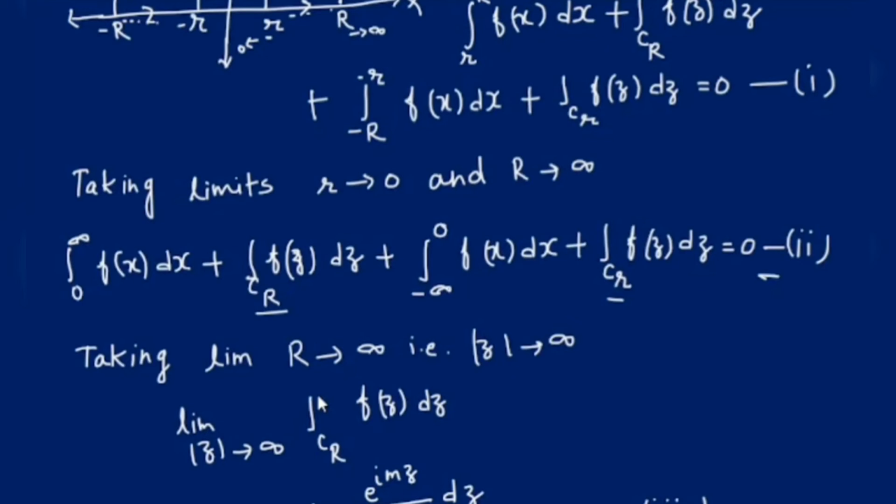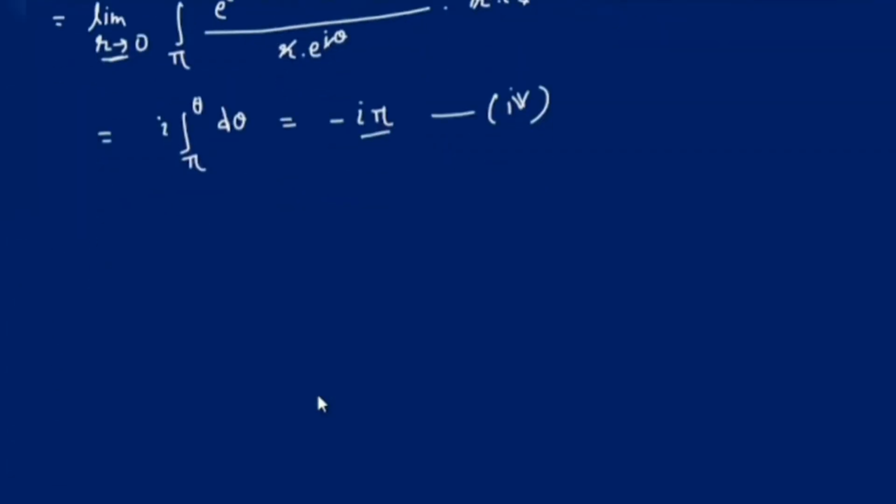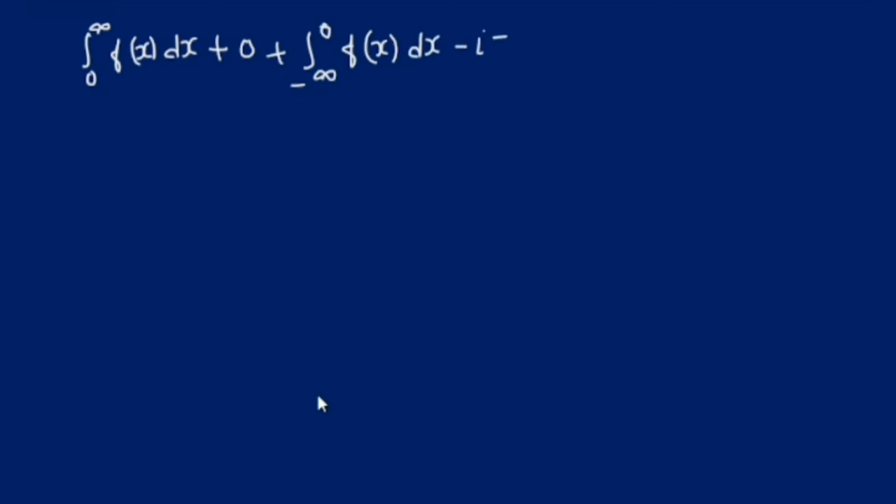Okay, so what we get: the integral from 0 to infinity of f(x) dx plus 0 plus the integral from minus infinity to 0 of f(x) dx minus iota pi is equal to 0. Okay, and this can be written as the integral from minus infinity to plus infinity of f(x) dx is equal to iota pi. Okay, now put the value of this function.